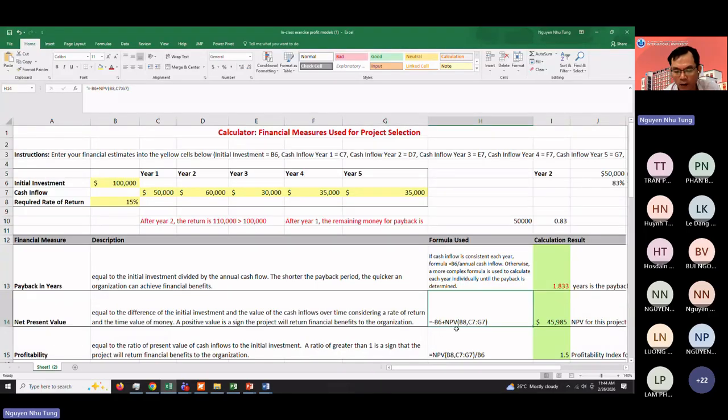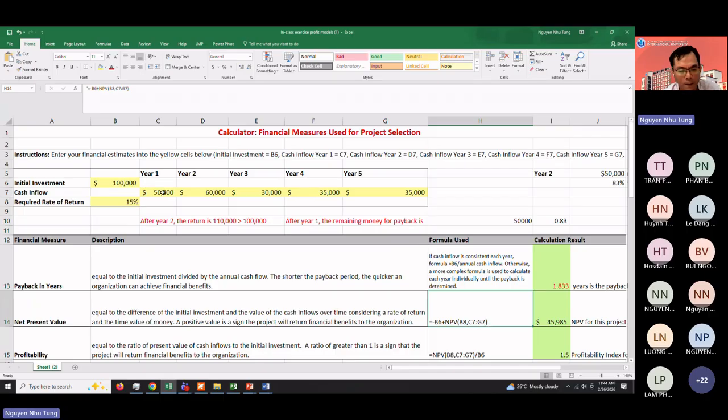NPV for net present value, and we select the B4, that is the rate of return required, or the discount rate, right? And select the cells C7 to G7.